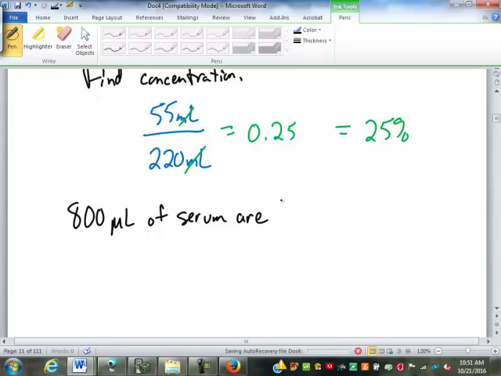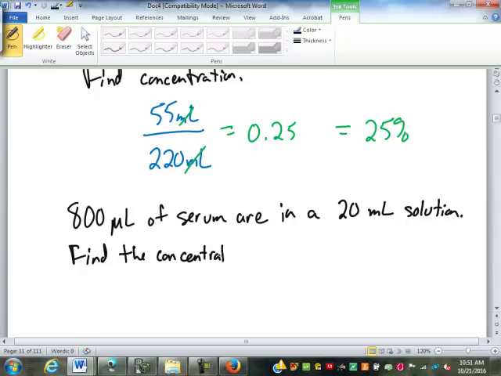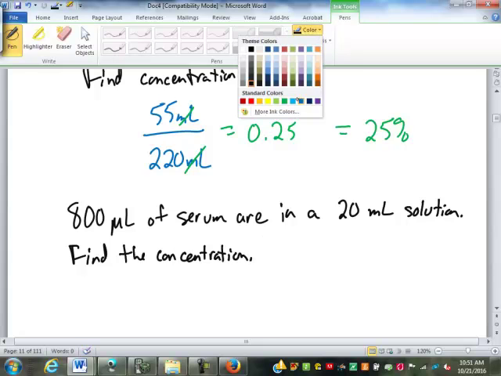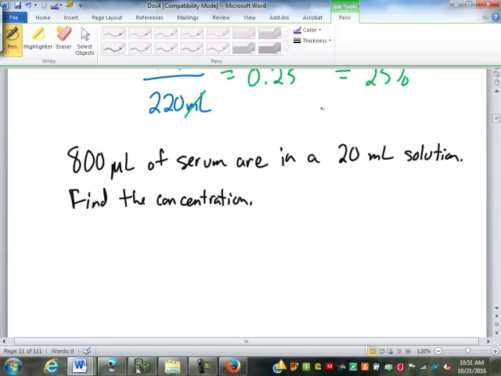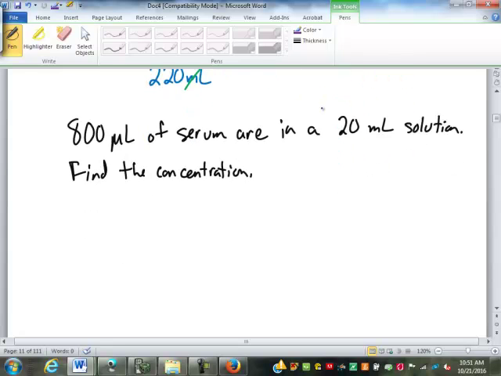Let's say that 800 microliters of serum are in a 20 milliliter solution. Find the concentration again. So again, we know that 800 microliters is our serum.